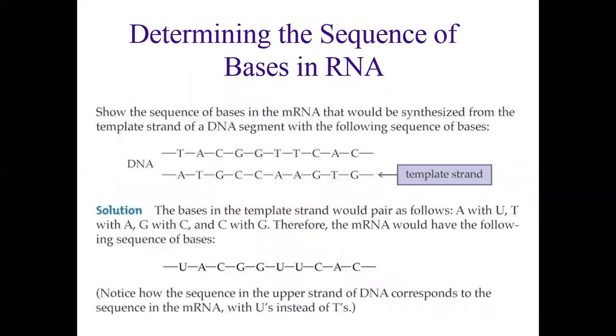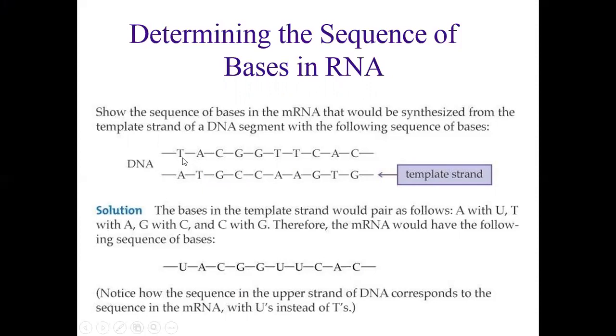So, determining the sequence of bases in RNA: this is showing the sequence of bases in the mRNA that would be synthesized from the template strand of a DNA segment with the following sequence of bases. If the template strand contains ATGCC AAGTG, then the non-template strand contains TAC, just the complement of these bases, and the RNA bases will be just like this one.